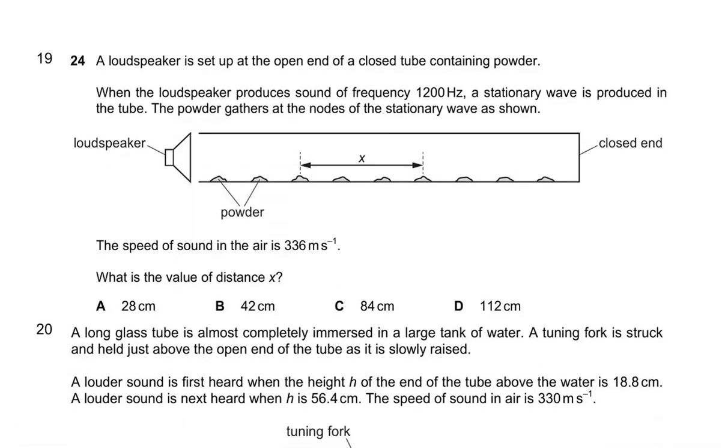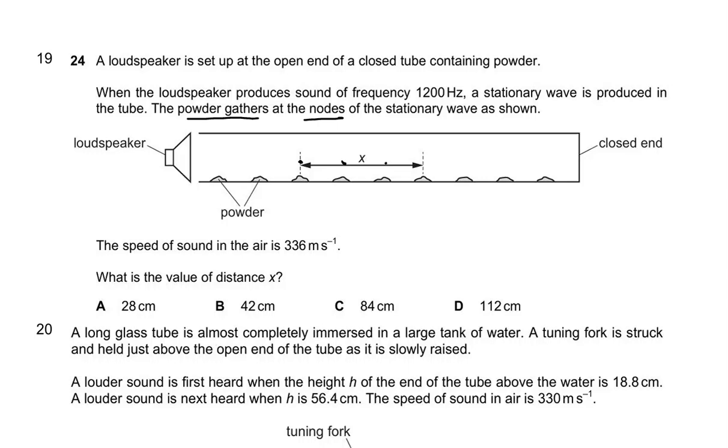A loudspeaker is set up at the open end of a closed tube containing powder. When the loudspeaker produces sound of frequency 1200 Hz, a stationary wave forms. The speed of sound is 336. What is the value of distance x? The information says the powder gathers at the node.